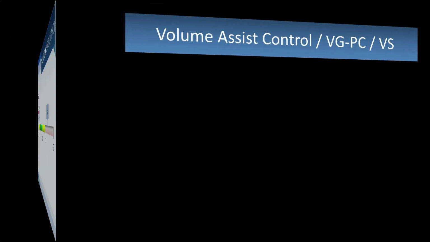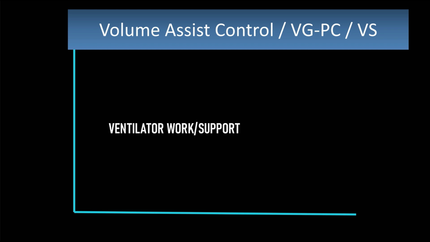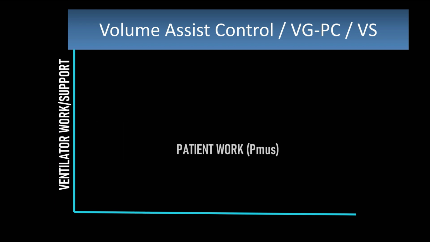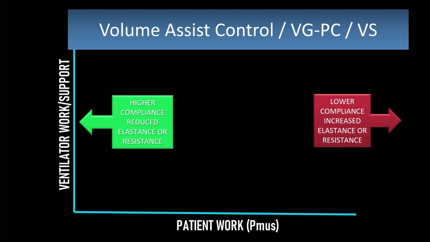Let's put this on a graph. On this graph, we're looking at volume control, volume guaranteed pressure control, that's PRVC, or volume support. And we have two axes, a y-axis that has the ventilator's workload on it and an x-axis where the patient's workload is. Now, if you move to the right on the patient's workload axis, we're looking at increased work of breathing for the patient, which means that the compliance has reduced or the resistance has increased.